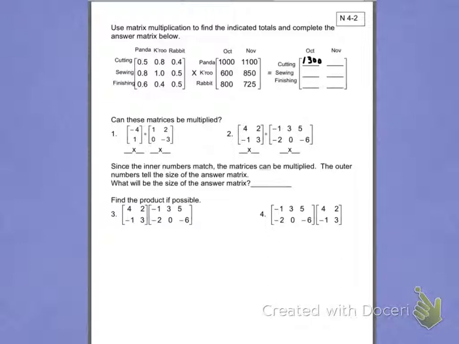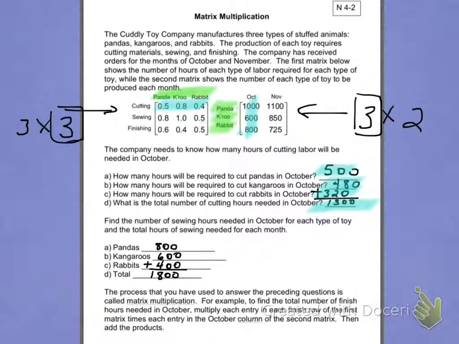Okay? Now we're going to go back and look at how did we get the sewing hours. Well, instead of the first row, we multiplied, and let me just use a different color. Let's go back and pick up a different color. We used the second row, but we still used the first column because we're still in October.